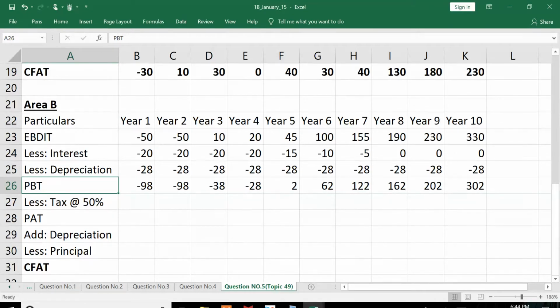Any doubts till now? We can treat it as 30 as well, both are fine.